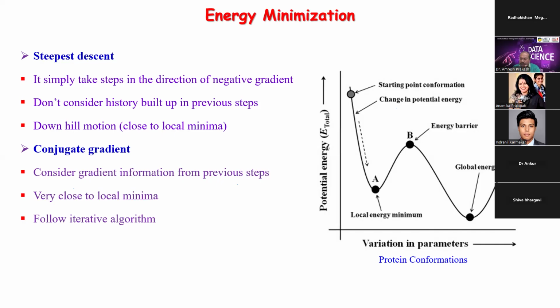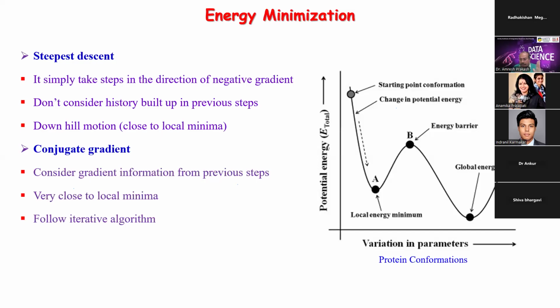It is going to optimize and adjust all the bonds and so on. Suppose the molecule is in a higher, excited state. We are going to slowly bring it down to the ground state.